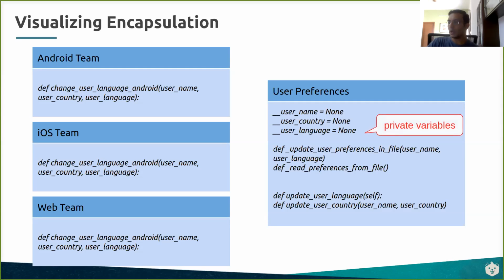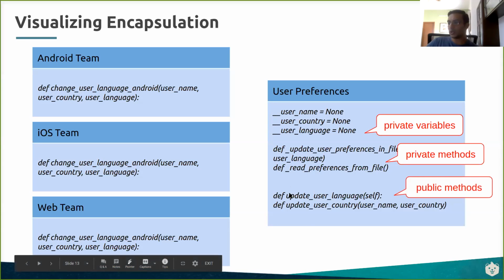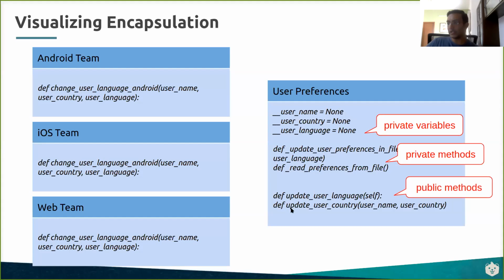It has some private variables and private methods, which only it uses, and some public methods, which are exposed. So all that these three teams or classes will know is update user language, update user country. This is the only thing that they will invoke. All of this is internal. It's all hidden, meaning it should not be accessed from these guys.